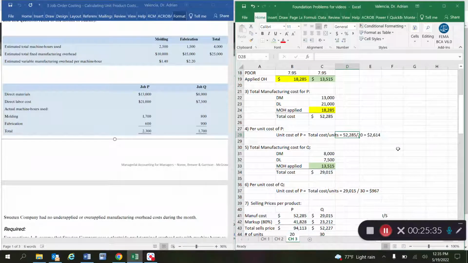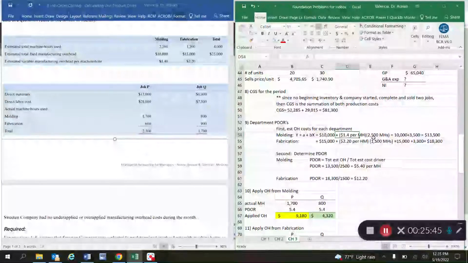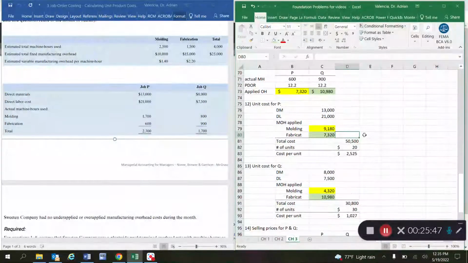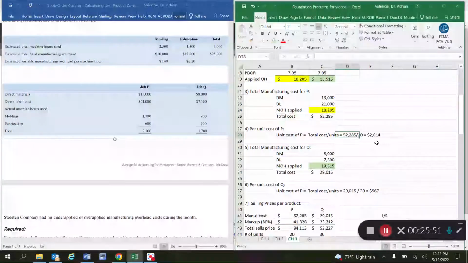And that's significant. That's very important, because if you use this plant-wide overhead method and you think the cost of your unit is 26.14, when in fact it really should be, let's say, 25.25, when you go out and sell it, you might overprice yourself, because you might think, hey, I need to cover X percentage markup.